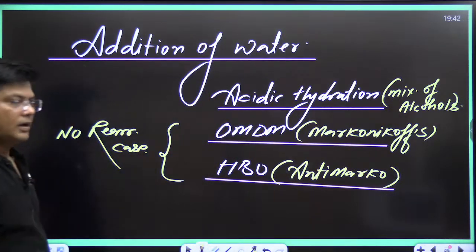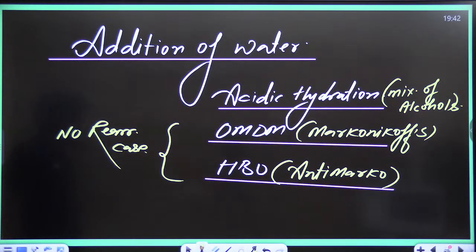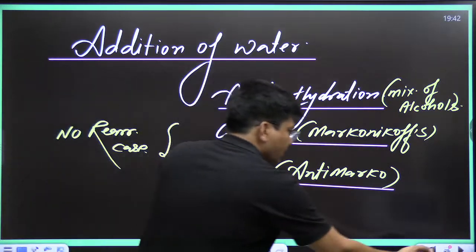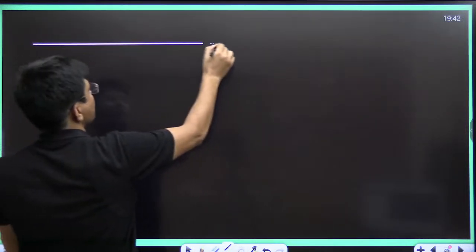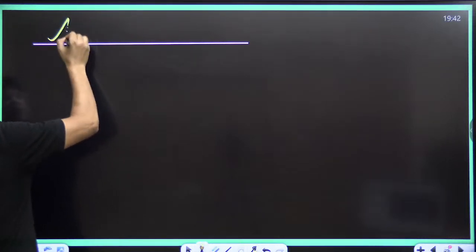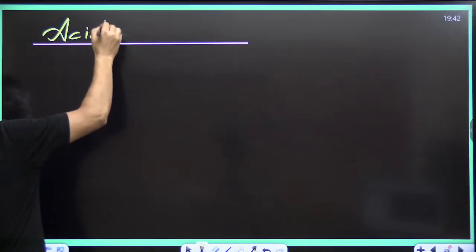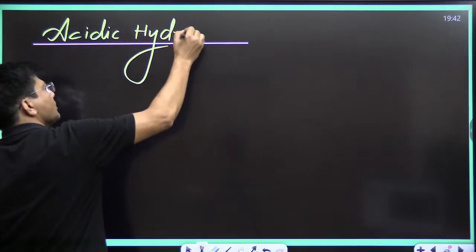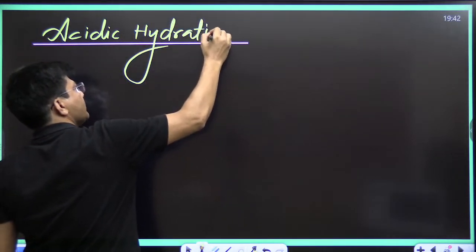Now, let's understand each and everything one by one. So let's deal with acidic hydration, and whenever we are going to deal with acidic hydration, I'm not going to tell you even a single thing. Only you have to understand by yourself. Acidic hydration, kids. Now it's time to apply your brain.